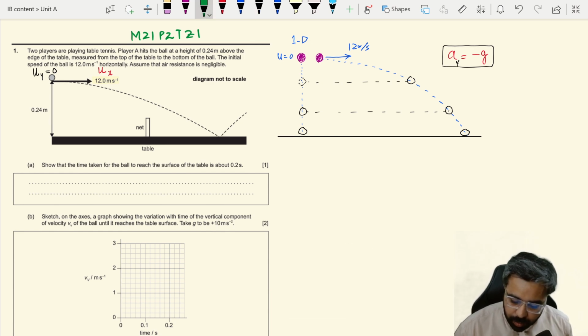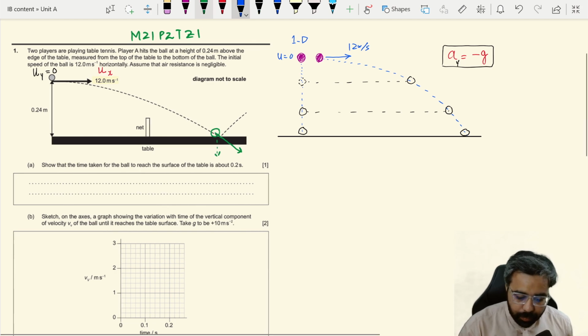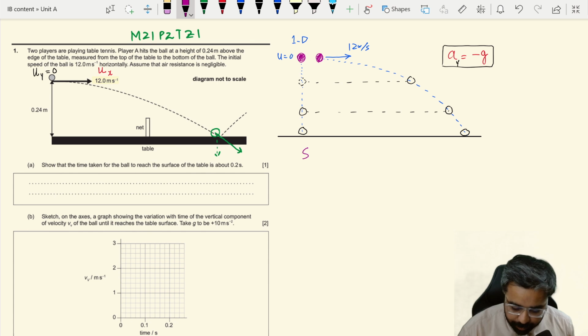So we do not know the velocity of the ball at this point, the final velocity and its components. So that's why the only equation that we should apply is this: s equals ut plus half at squared. And I told you that we will convert it for the y component of motion.